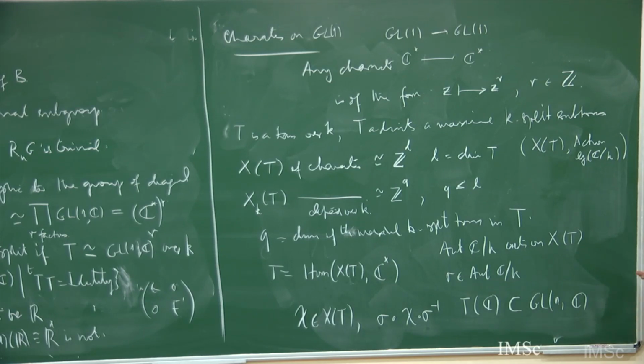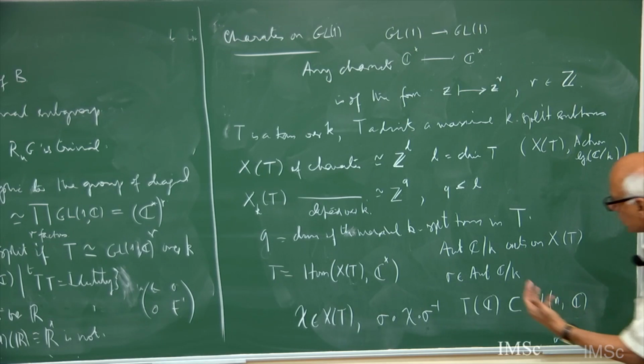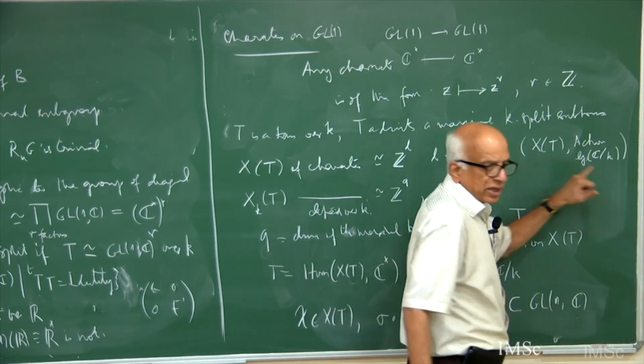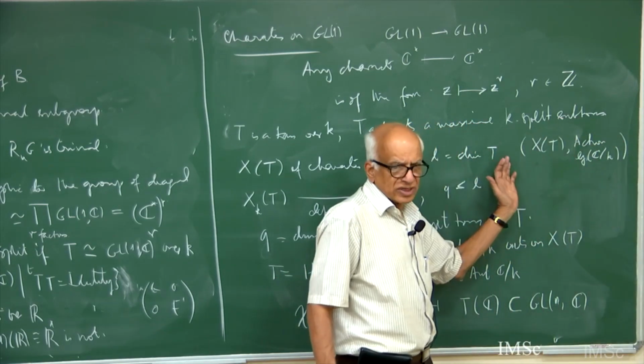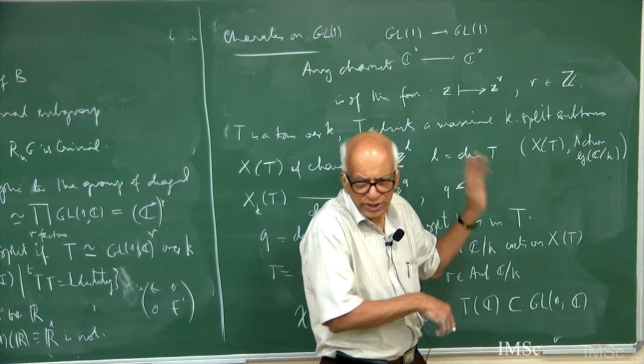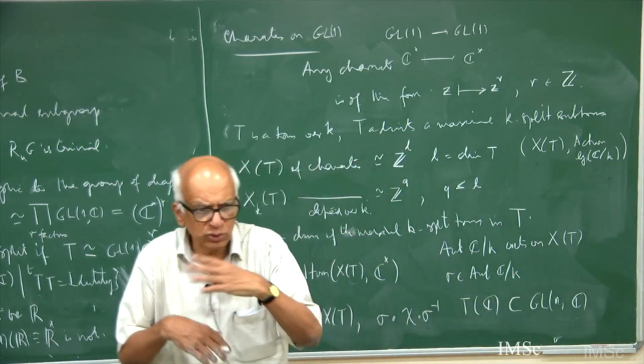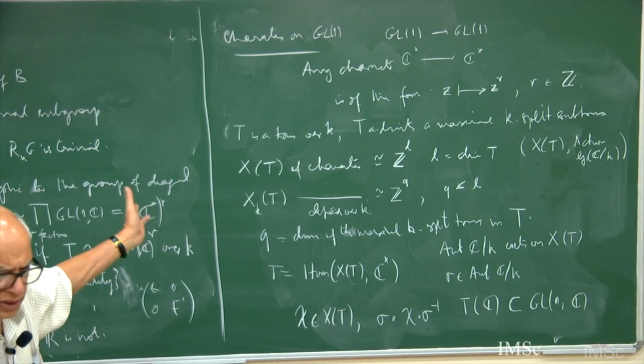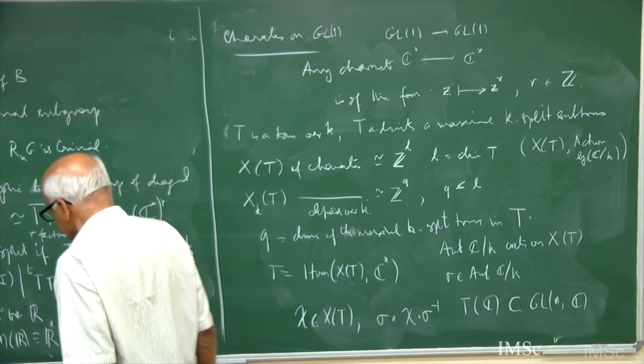So given a torus defined over K, you get this data, this pair, and you can go in the converse direction. I am a little confused about how to say it, but it's not difficult. You should be able to work out yourself how to get the thing out.